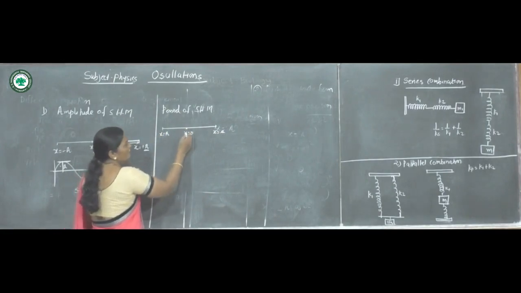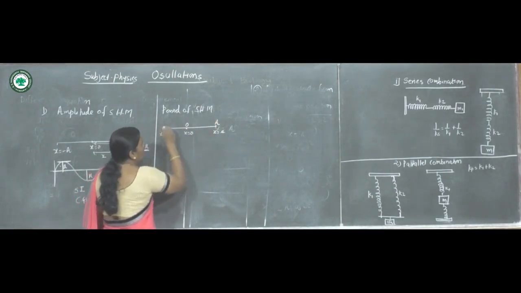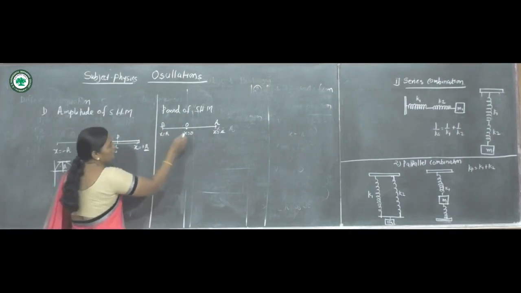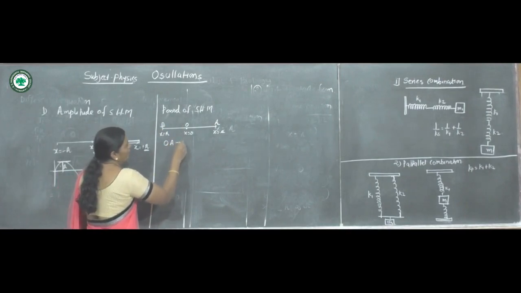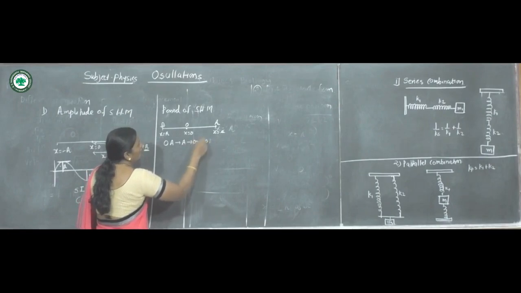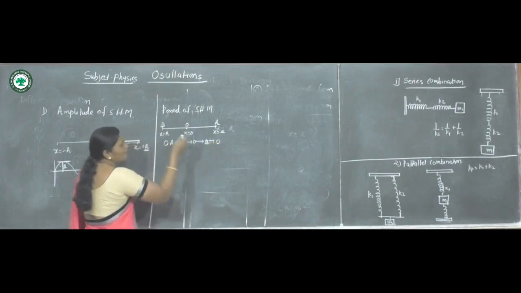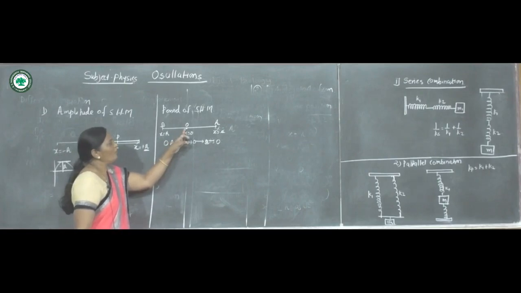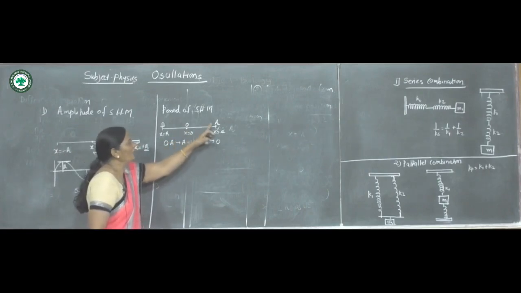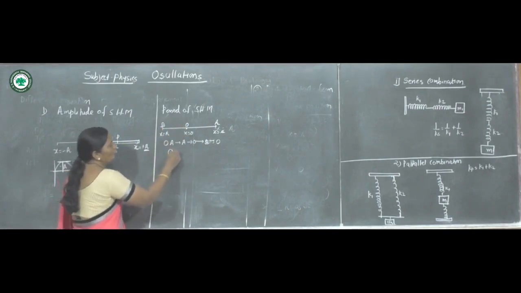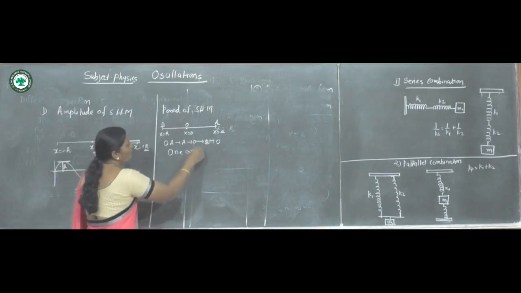Suppose the points are O, A, B. The particle starts from O, it moves from O to A, then A to O, O to B, and then B to O. It is one oscillation, or one vibration.